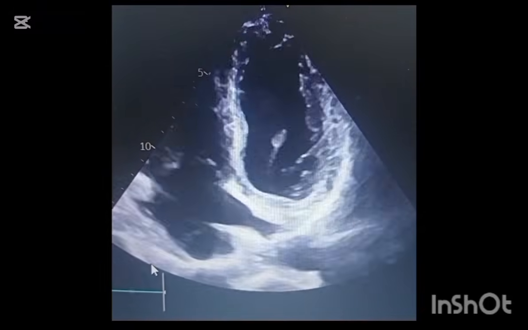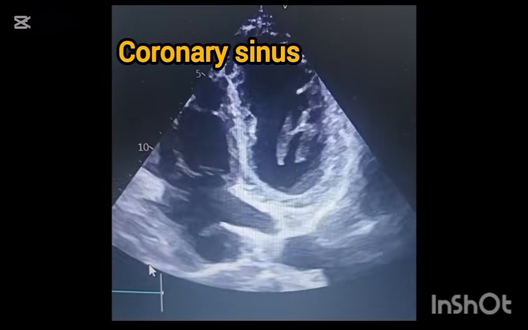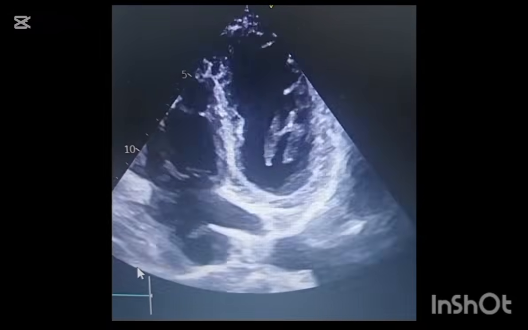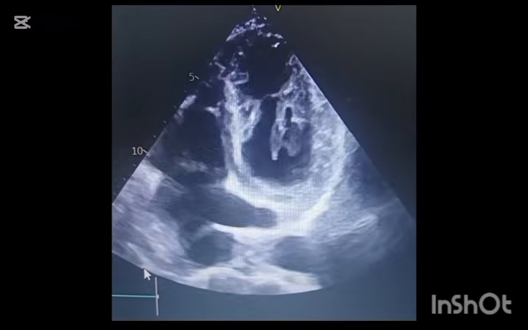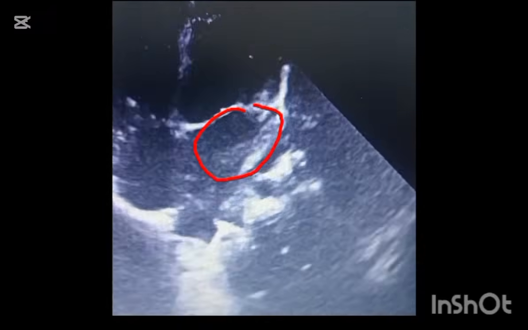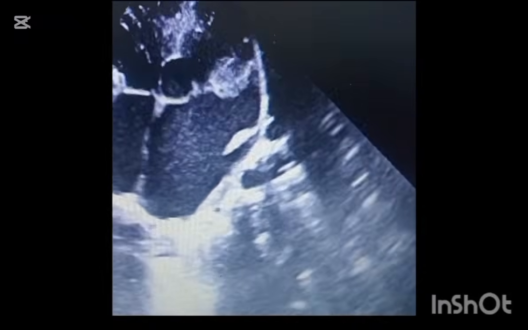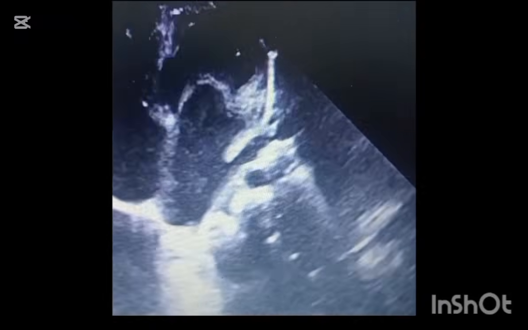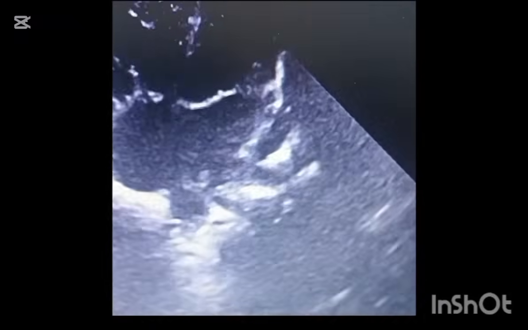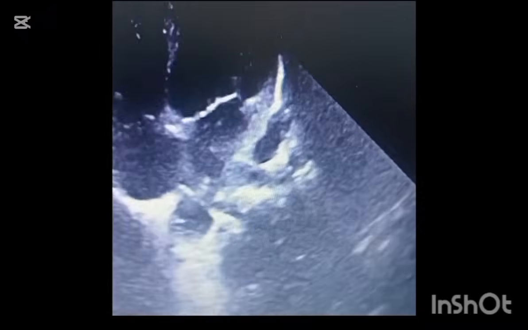This is another normal variant of the left atrium, which is called the coronary sinus. So this is a normal variant, not a pathological condition. Look at this structure in the left atrium. This is called the Coumadin ridge or warfarin ridge, a normal prominent anatomical fold in the left atrium separating the left atrial appendage from the left superior pulmonary veins.